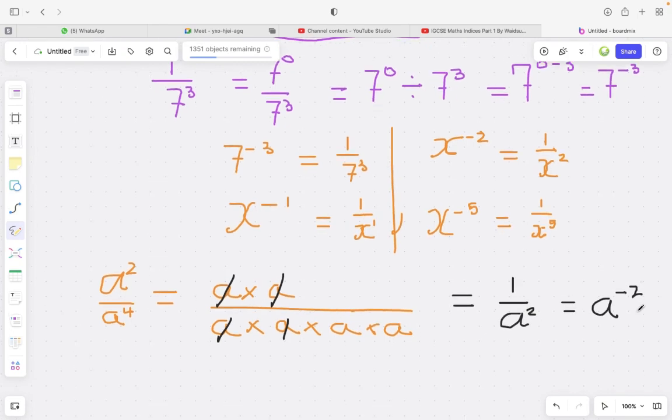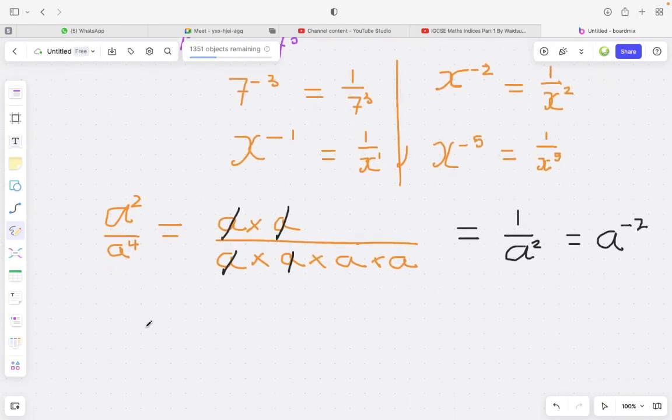Now, if you do it not manually, but following the law, you have a to the power of 2 over a to the power of 4. Applying the second law of indices, you have a to the power of 2 divided by a to the power of 4.